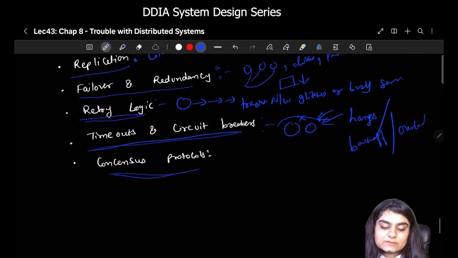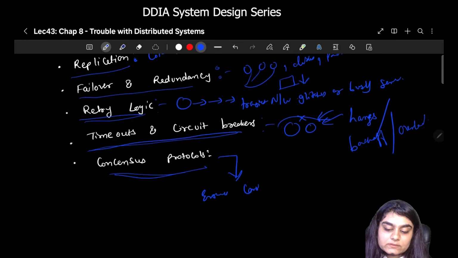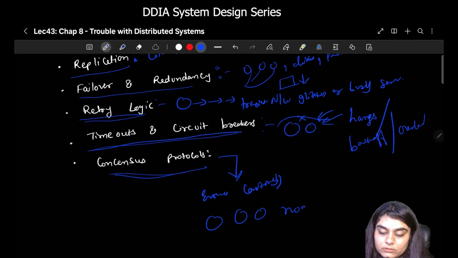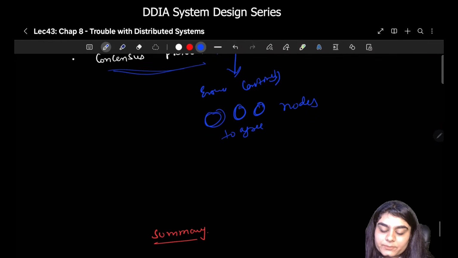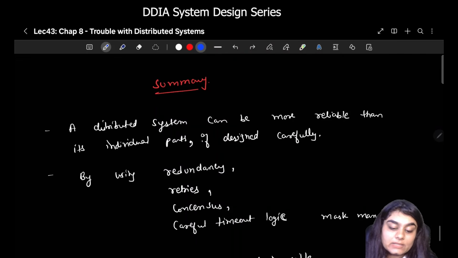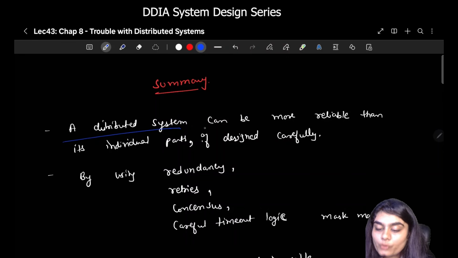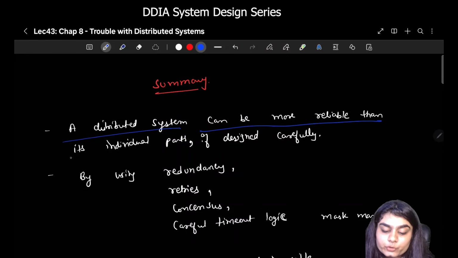Another is consensus protocols. This ensures consistency by requiring multiple nodes to agree before committing.